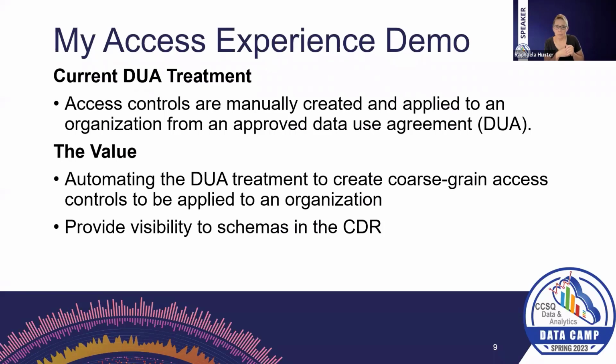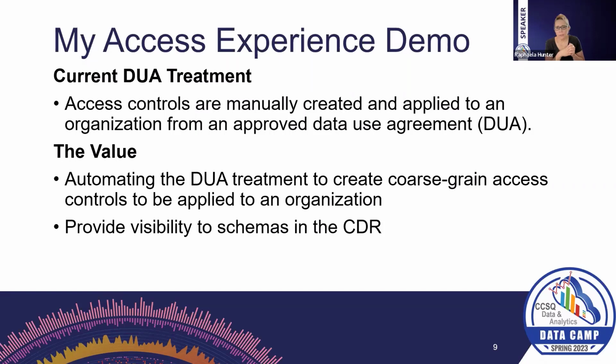So by eliminating the barriers and streamlining the schema identification process, our users can allocate their valuable time and expertise towards analyzing and deriving insights from the data versus manually trying to understand what they have access to. So the My Access experience is empowering the user to make well-informed decisions faster.